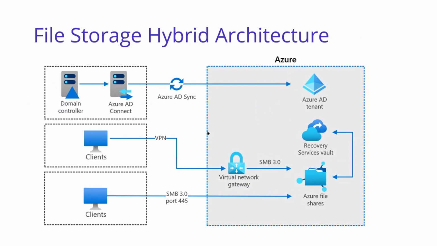So moving on to file storage, this is great for a hybrid scenario. For example, if you are using some services in the cloud, but you have some services or applications that you prefer to have on your local servers or on premise.